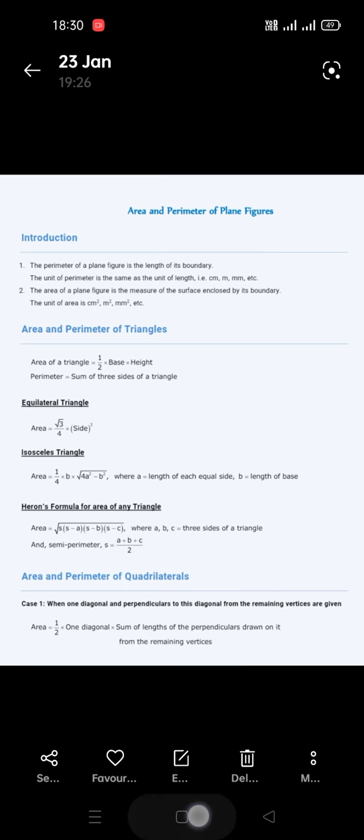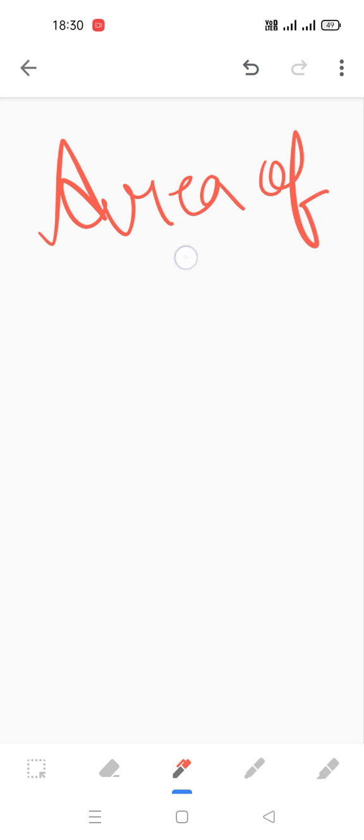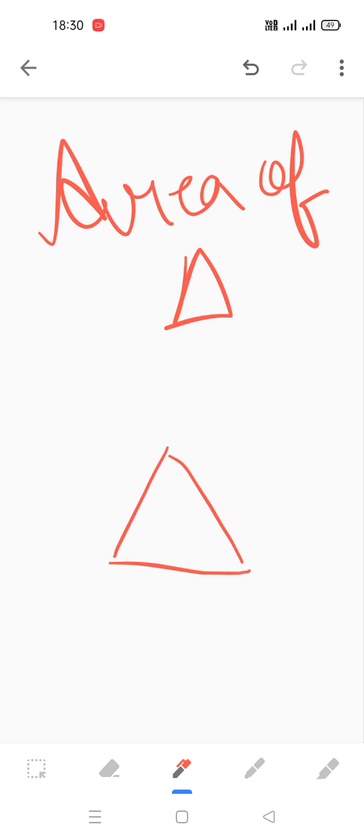Let me tell you about the area of a triangle. Let's suppose this is the area.